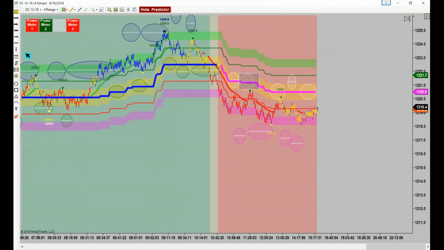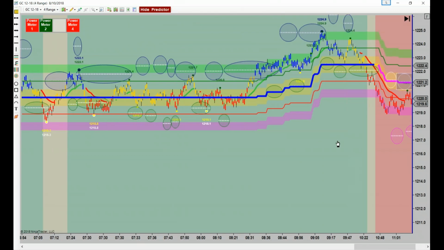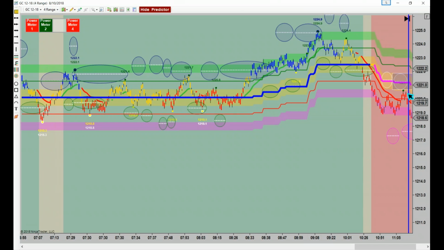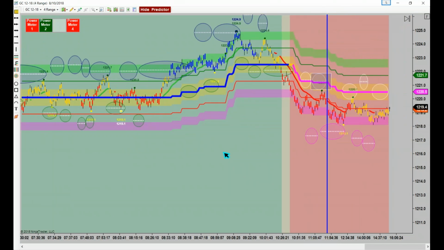It pretty much expires when you can draw a line right next to the predictor. If you were looking at this in real time, if that would have gone back up there, it would have never fired because it was already expired. As long as they're actually drawable, and it's in the area of the predictor, it will fire.